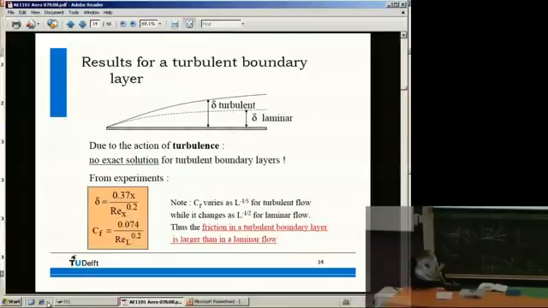For the same Reynolds number, a turbulent boundary layer is dividing by Reynolds L to the 0.2, while for laminar you had Reynolds L to the power 0.5. So we divide by something smaller, so it's higher. So the friction and the friction drag of turbulent flow is higher. Why? Due to all these eddies in all directions, they grab the object more. They have more energy in all directions.